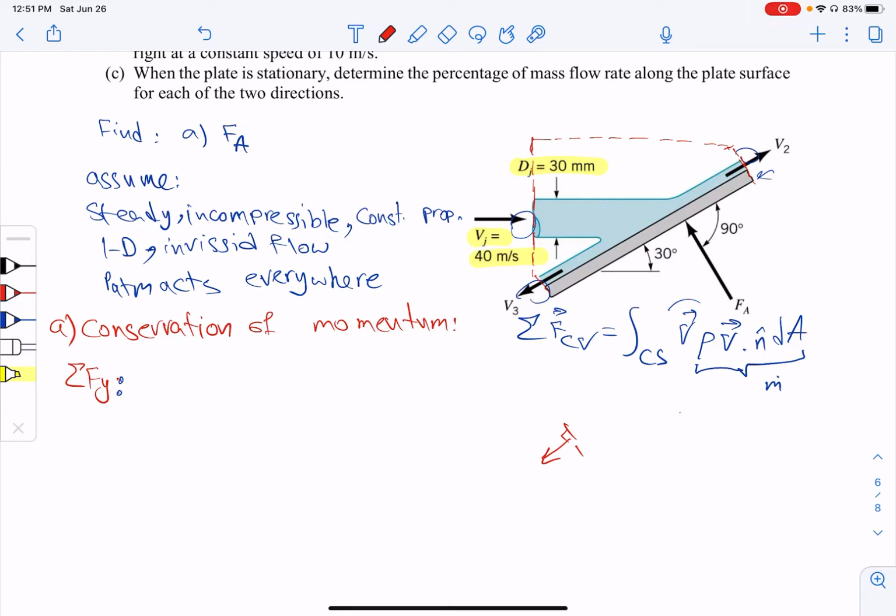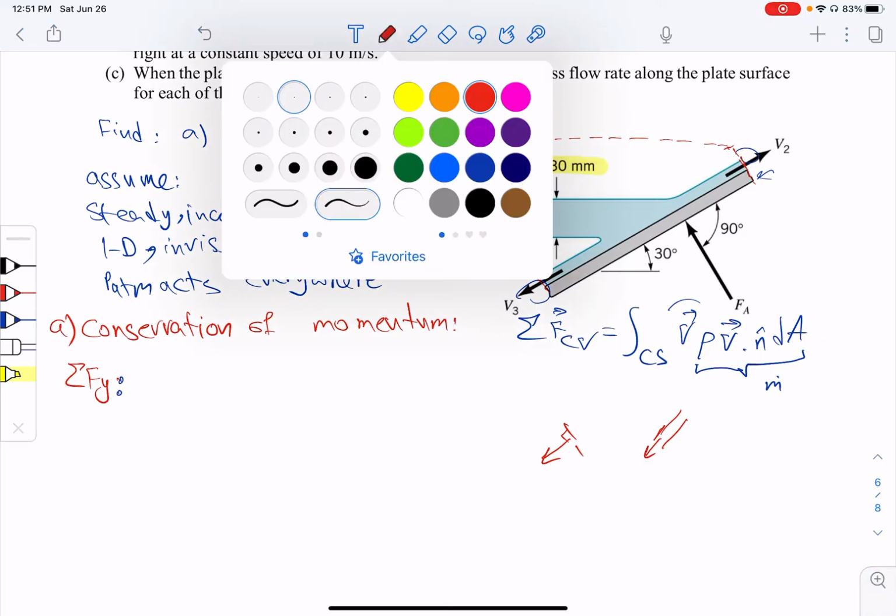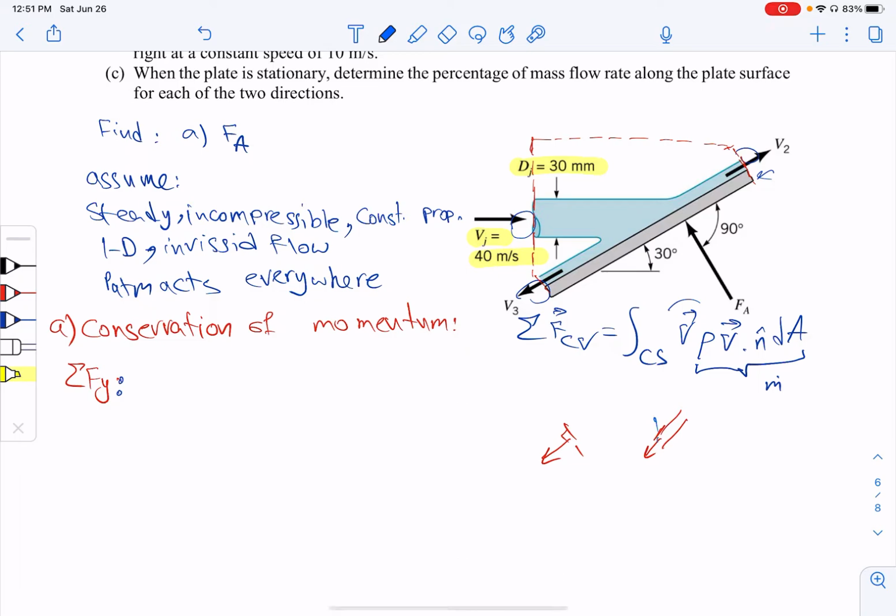But if this is the pipe, and the velocity is coming out, and I draw the control volume in this direction, with my x, y like this, then it is not perpendicular, so you need to consider sine theta and cosine theta.